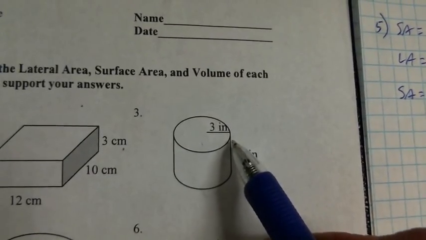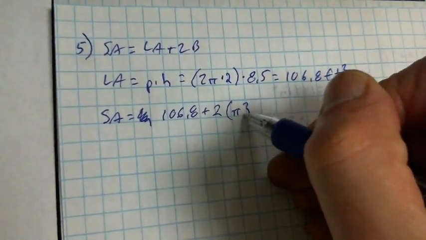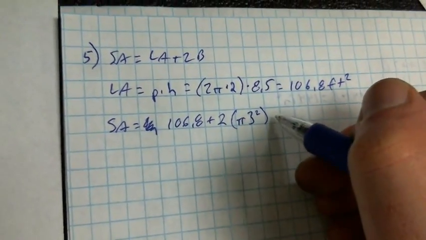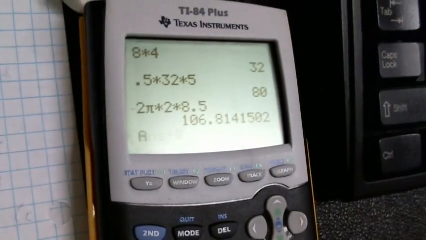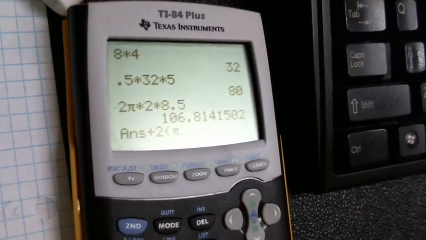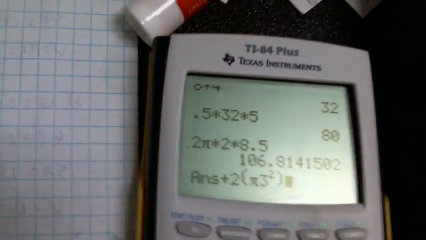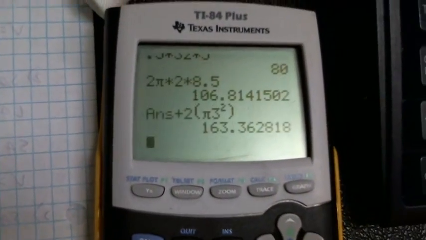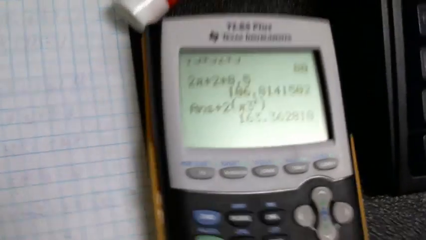So that's pi r squared with 3 for r. It's 106 plus 2 times pi r squared. That's 163.4.